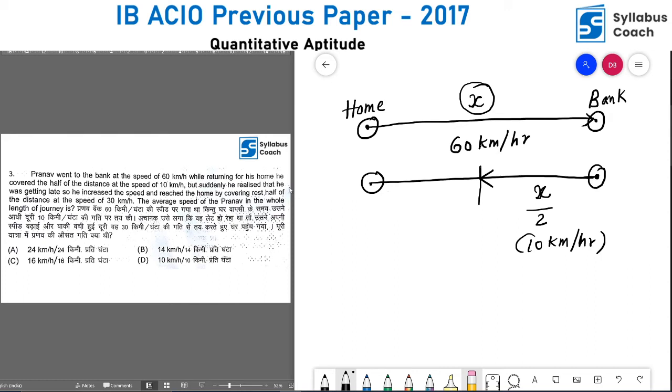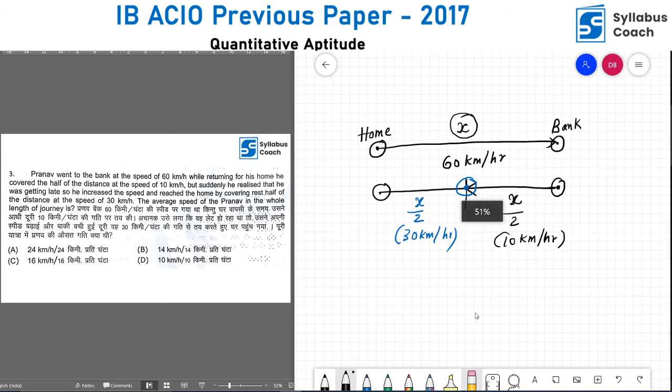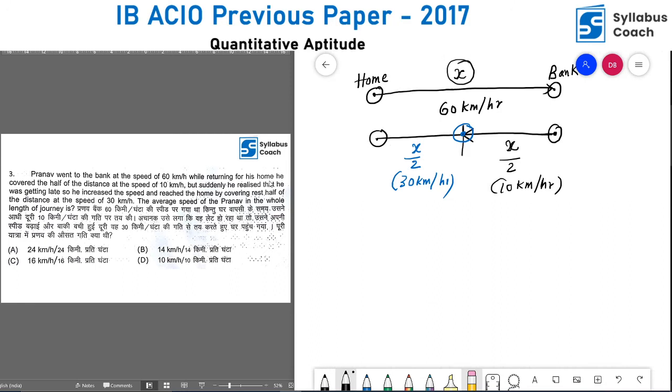So from this particular point, he felt he was getting delayed, so he covered the half of the distance which is left at the speed of 30 km/h. Are you clear? Amazing. Now, what are they asking? They're asking us to find out the average speed of Pranav in the whole length of the journey, right?